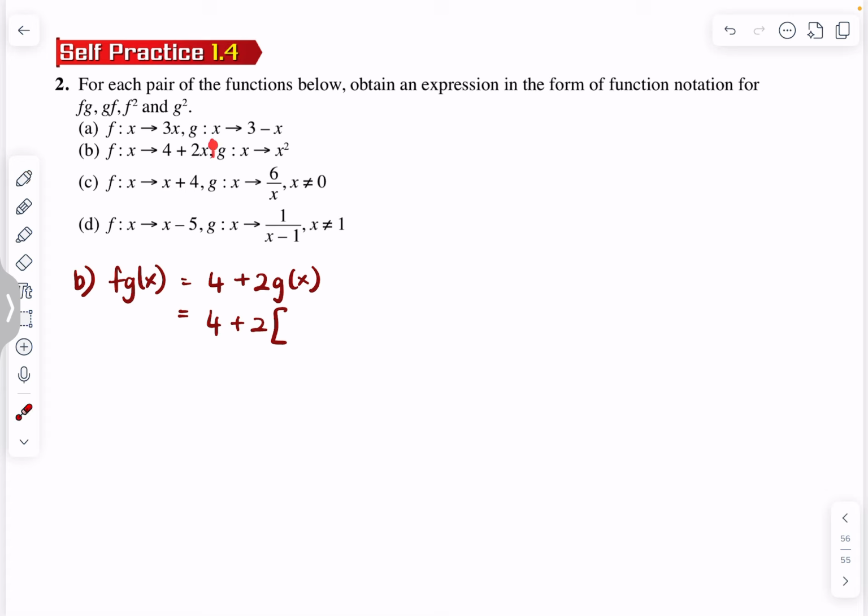Then we sub the g(x) into this. So g(x) is x squared. We put x squared here. 4 plus 2x squared.